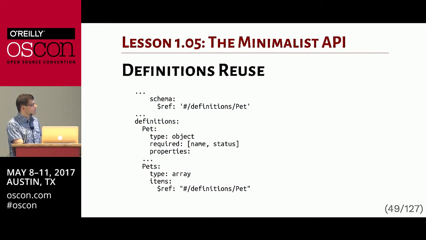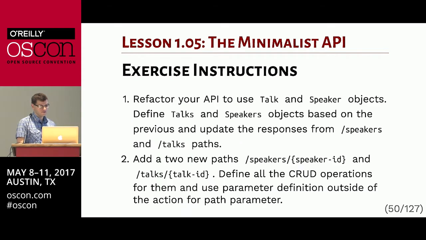If you have an array with the items of a path, you're just reusing this, and you're saying paths is basically an array based on the type that I've just defined here. So it really keeps you much more DRY, being able to define it once and keep it much more consistent.